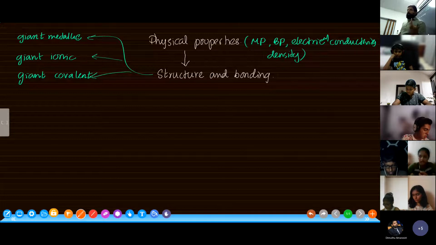Mercury is a liquid. Sodium melting point is below 98. Likewise, there are small deviations. Apart from that, giant structures are going to show those physical properties.